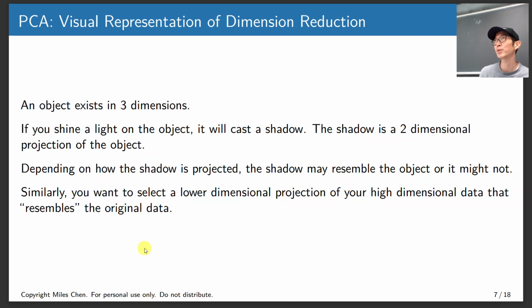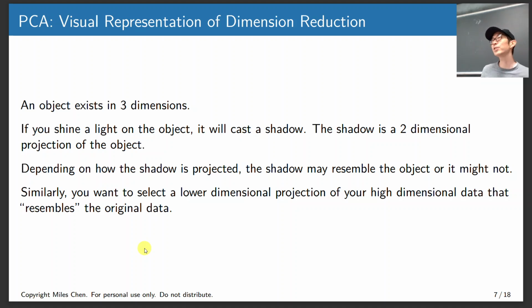Okay, and so the goal when you do dimension reduction is you want to find a projection, a, quote, rotation of your data that minimizes how much information is lost, or basically maximizes the amount of information that's retained.